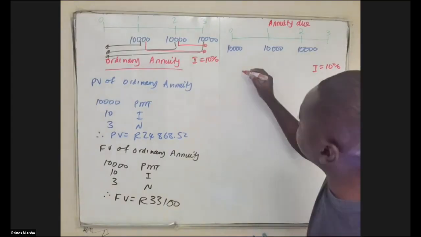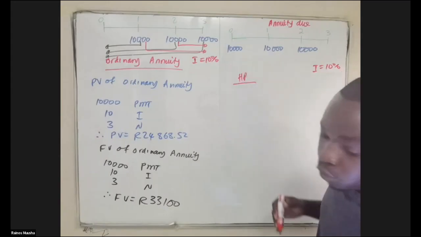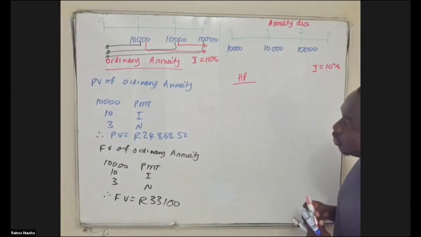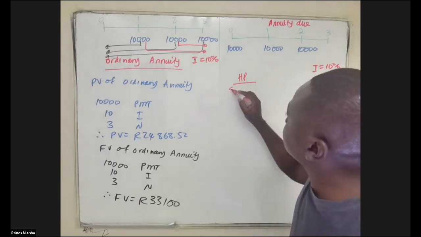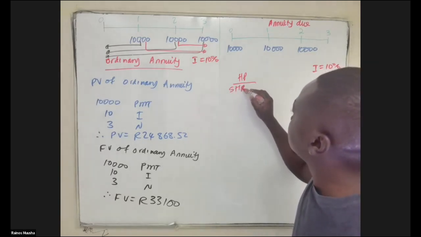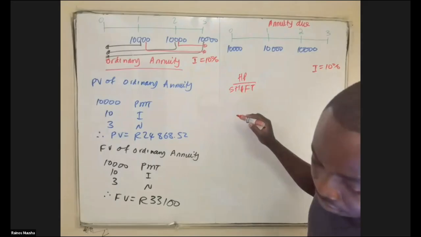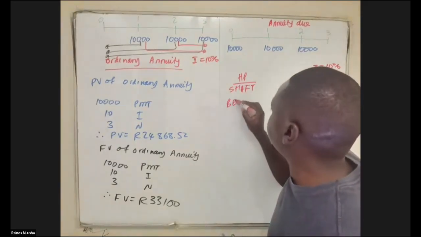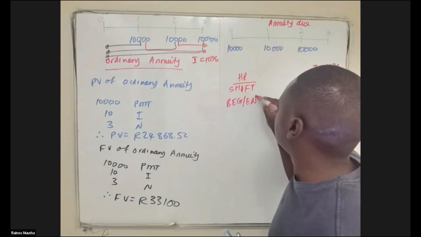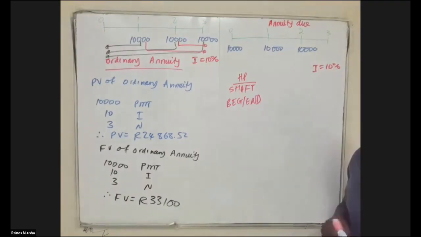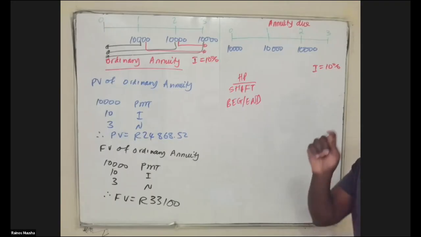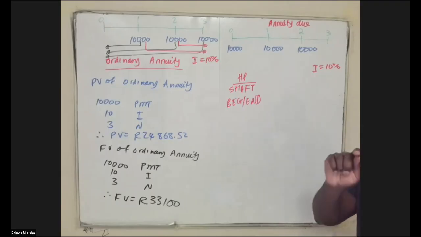If you're using the HP calculator, to put your calculator into annuity due, you press shift, B, then BEG/END. On the bottom of your screen, it will show you BEG. The moment it shows BEG, it means the calculator is acknowledging that the payments are being made at the beginning of the period.